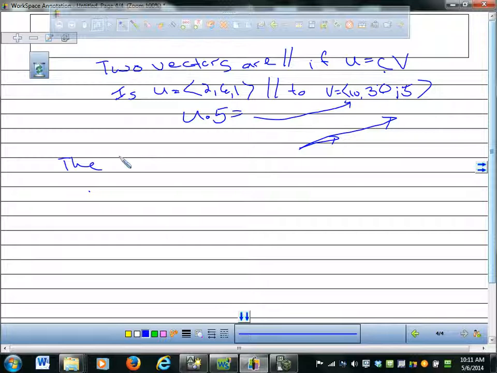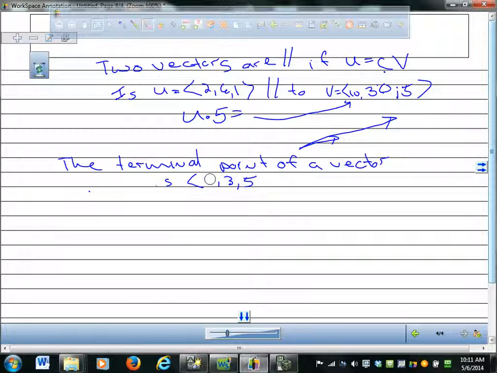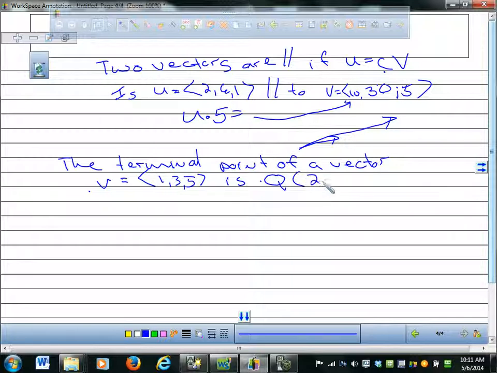this is just an example type of problem that you'll see. The terminal point of a vector v equals 1, 3, 5 is Q, 2, 5, 8.